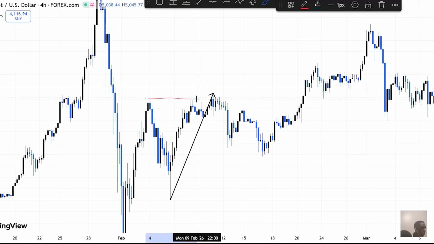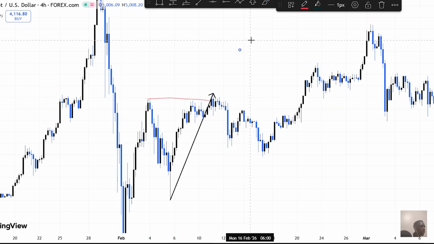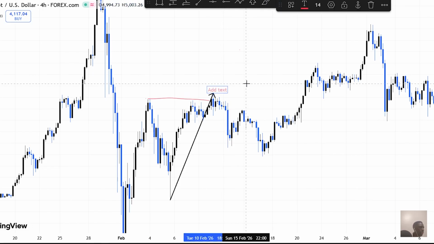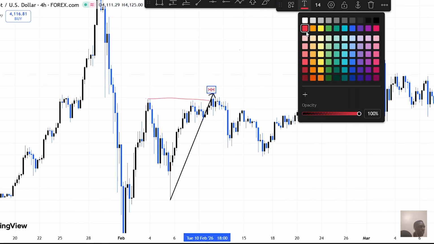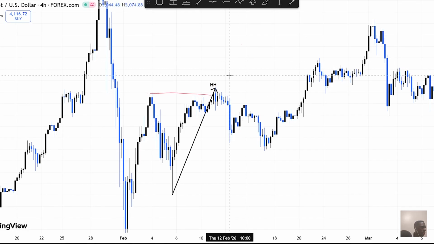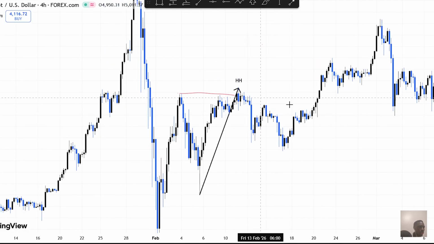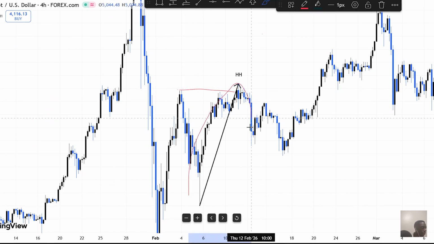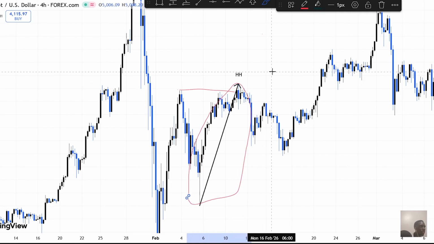It pushes and breaks through this high. It pushes and breaks through this high, and creates a higher high. So we consider this as an impulsive move, as you can see here.